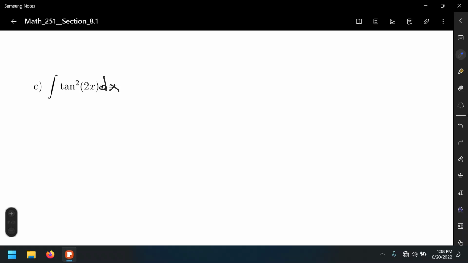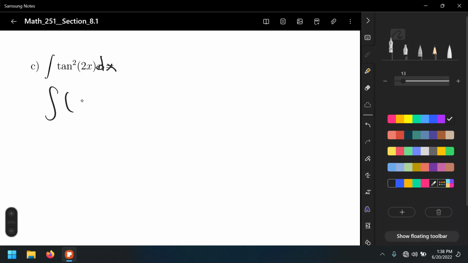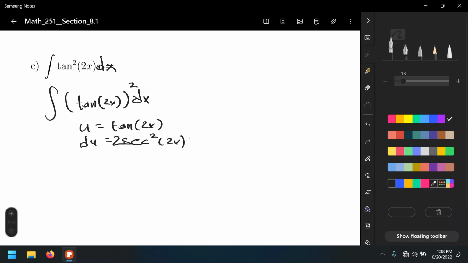All right, so let's try something right here. So let me rewrite. Okay, you don't have to write this actually, or if you want, that's fine. So this is the same as saying the integral of tangent 2x squared dx, where u equals tangent 2x, and what's the derivative of tangent? Secant squared, so that's secant squared 2x times the derivative, which is 2 dx.